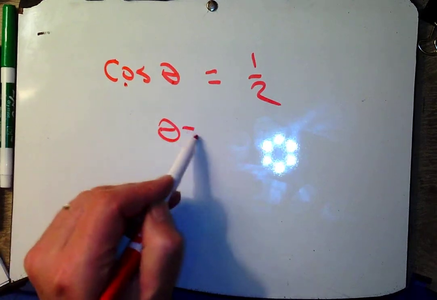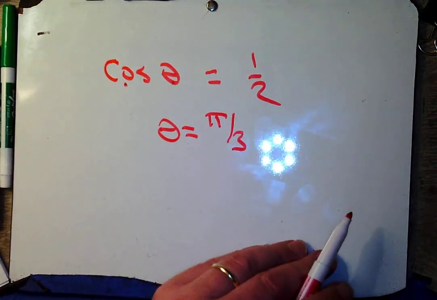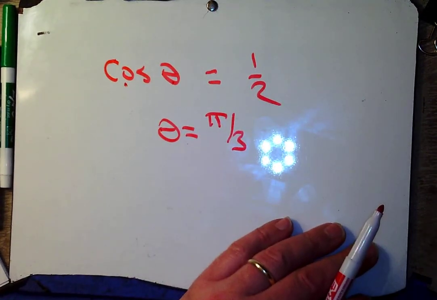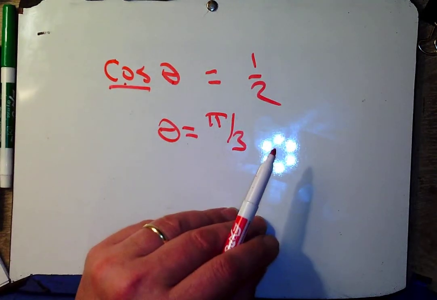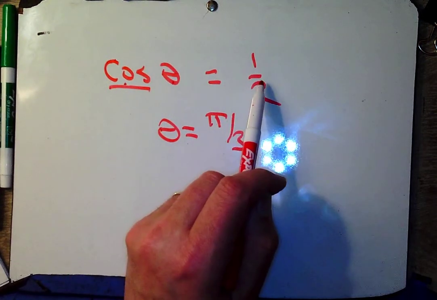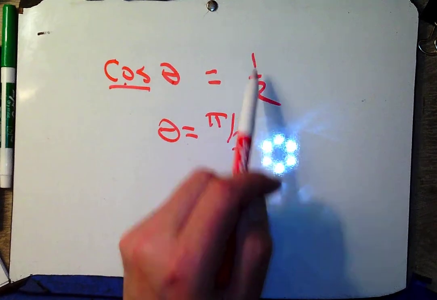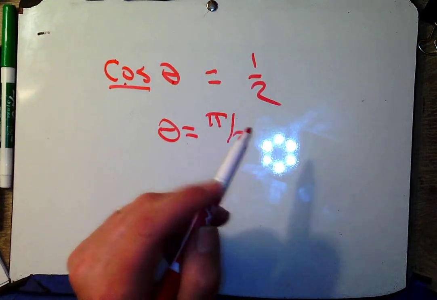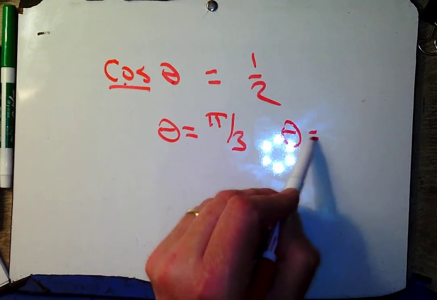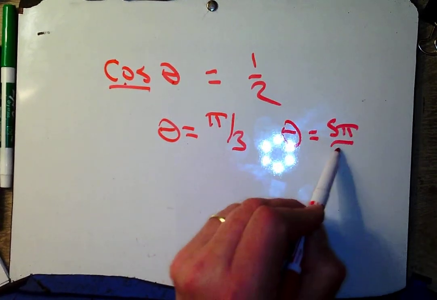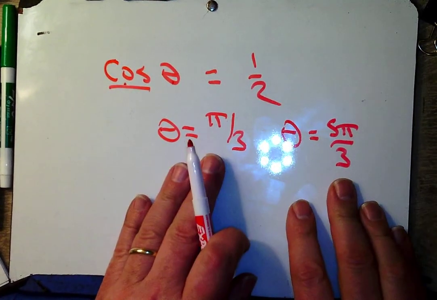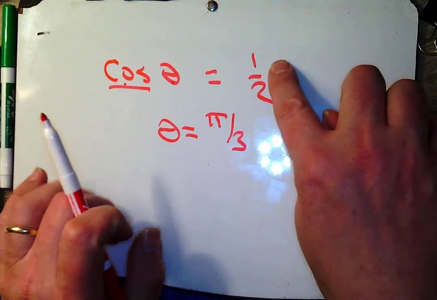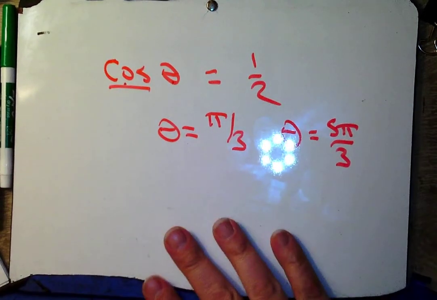And I say, well, that's pi over 3, because I know my unit circle. I know that cosine is the x coordinate, and I know when cosine has a value of 1/2: at pi over 3. That's right, there's a second solution, and that's 5 pi over 3. There are two places on our unit circle where the x value is 1/2, and that's at these two angles.